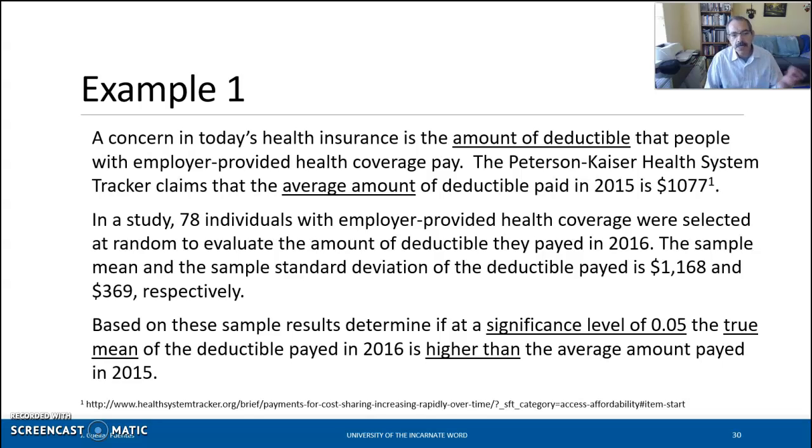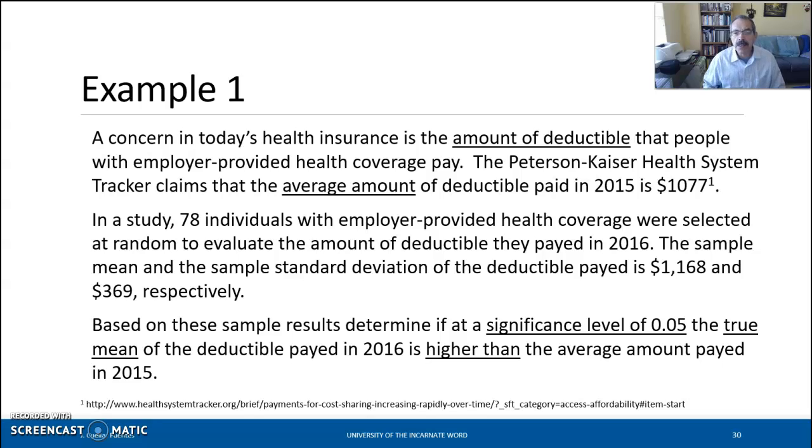The sample mean and the sample standard deviation from the 78 values reported are 1,168 and 369. Based on these sample results, we want to determine, at a significance level of 0.05, if the true mean of deductible paid in 2016 is higher than the average amount paid in 2015.